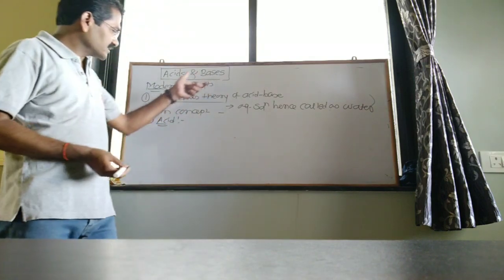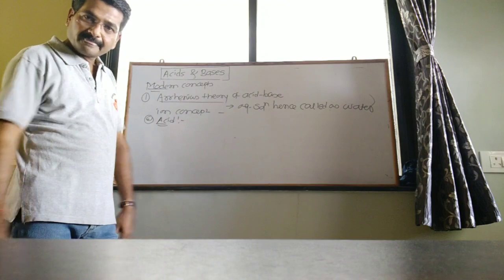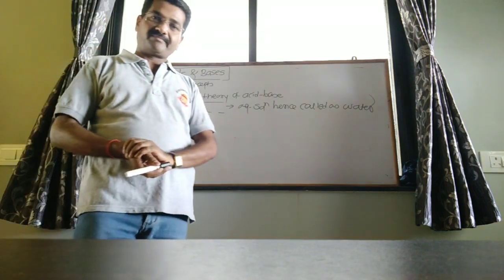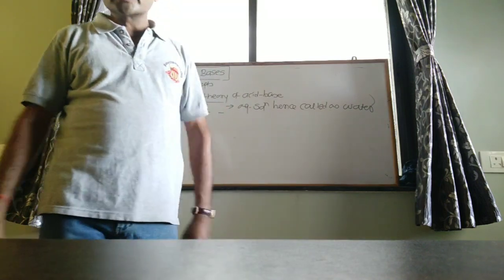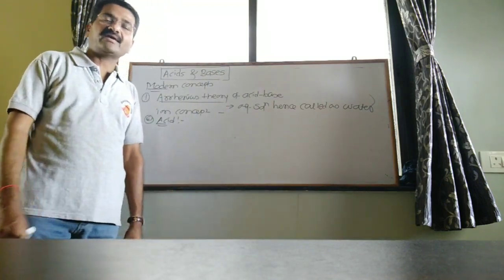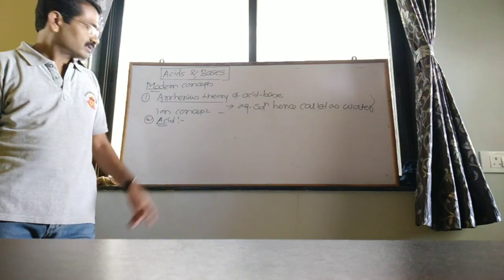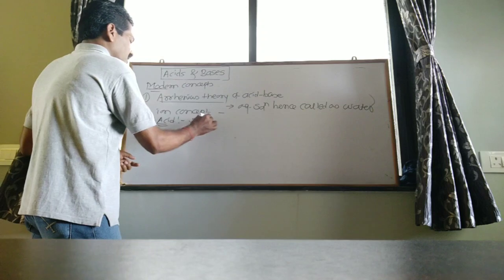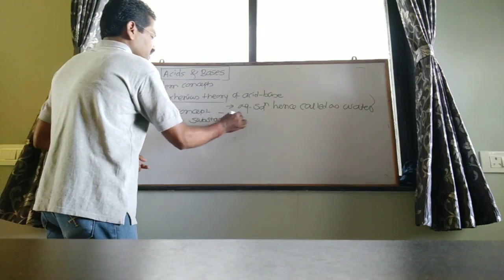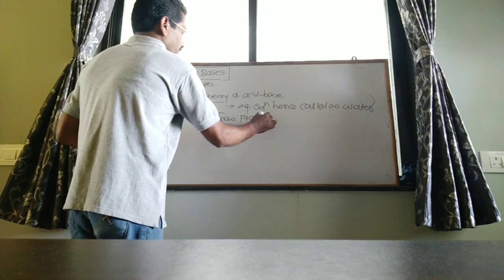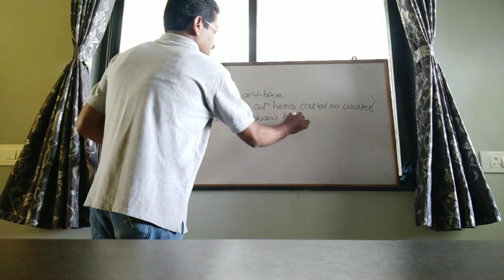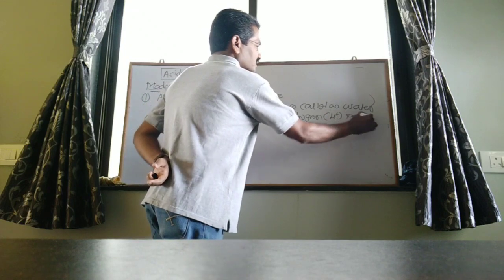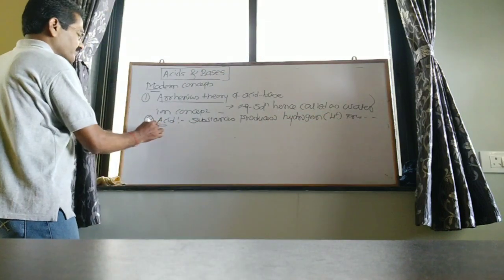The substances which produce hydrogen ions, that is H plus ions, in aqueous solution are called acids.